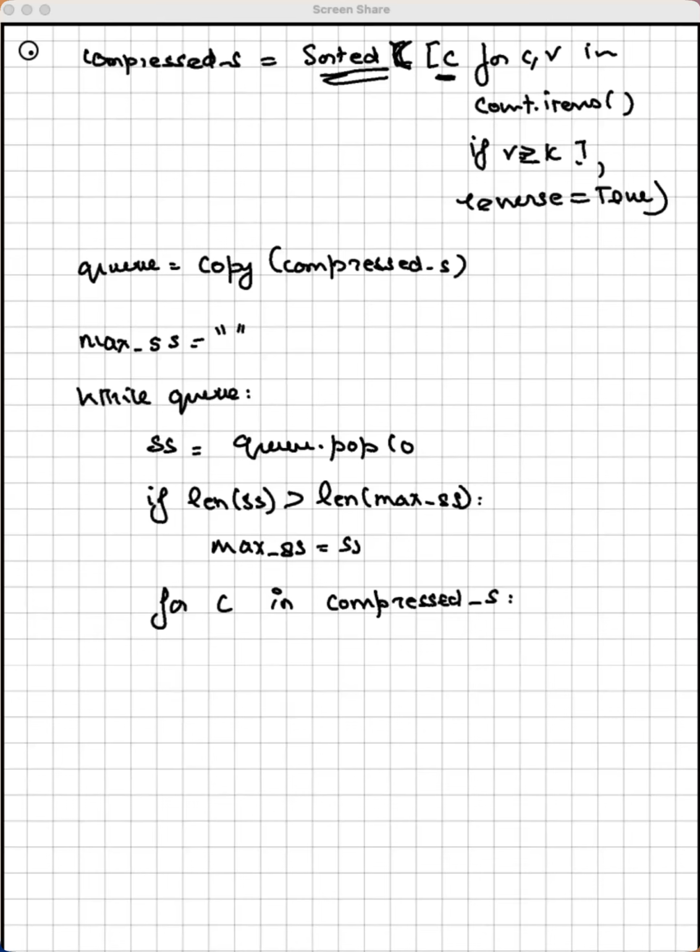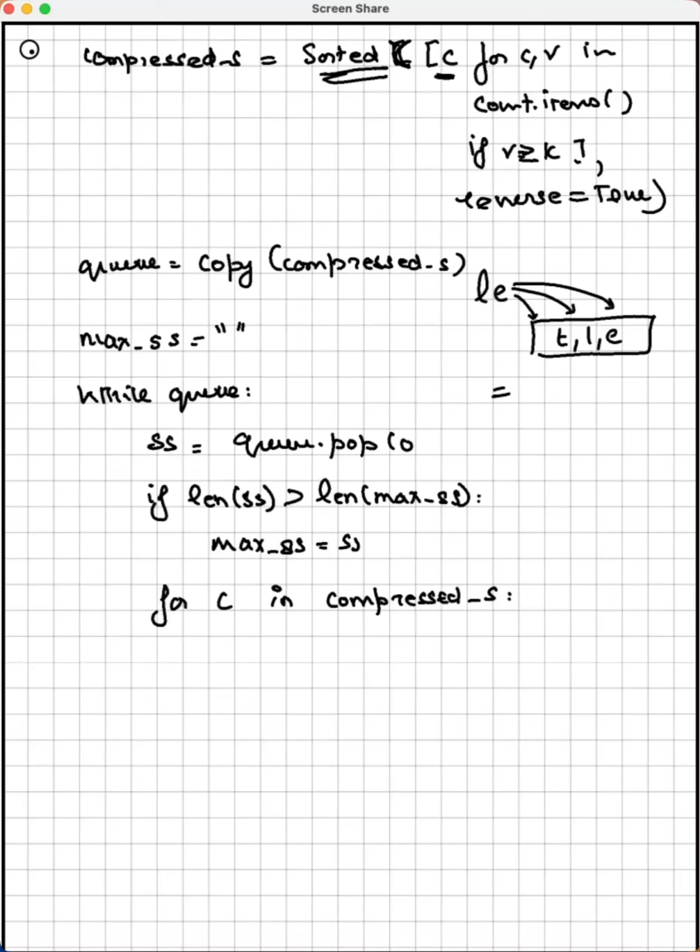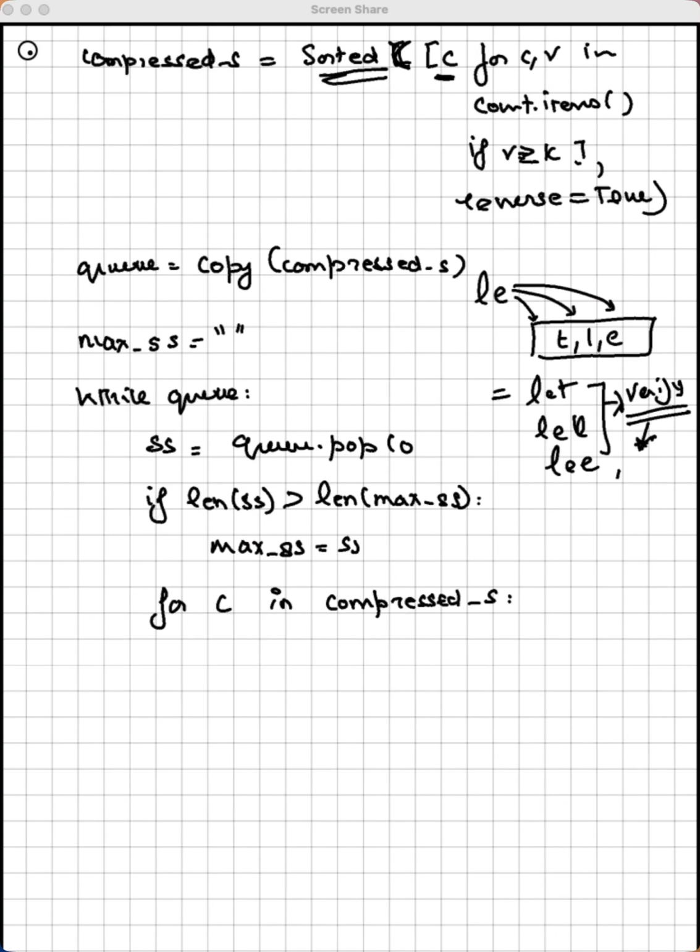So I'm creating a new variation, a new SS of length 3. The final result will be LET, LEL, LEE. Then we verify, and only the ones that are repeating K times will be added back to the BFS queue. So, new SS is equal to SS plus C.